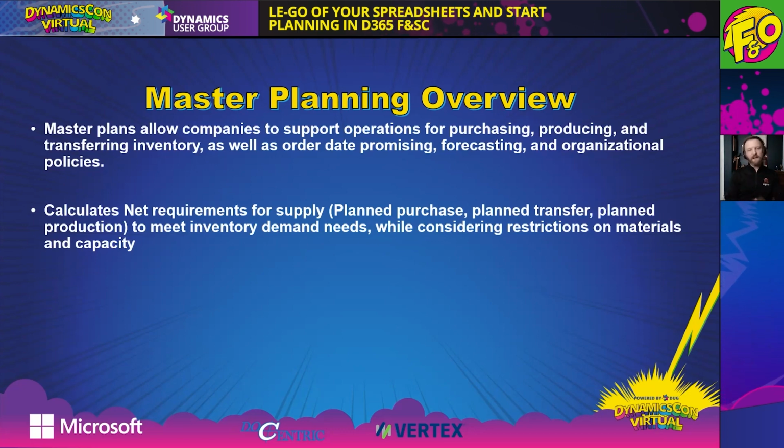Well, D365 and Dynamics offer master planning, and this gives us the ability to configure master plans that support our operations, whether that's purchasing products in a pure buy-sell model, producing in simple and complex manufacturing or kitting, or transferring inventory between our own facilities like distribution warehouses. And it also includes factors for promising orders to our customers.